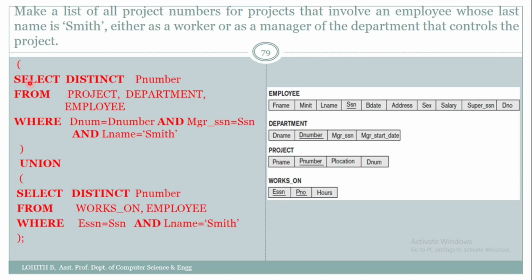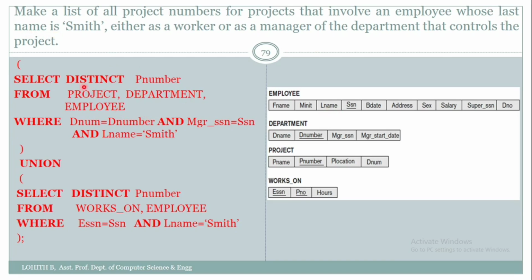As you can see, select project number from project, department and employee, and these are the join conditions where we join dnum is equal to d number. This is how we join project and department, and manager is equal to SSN is how we join employee and department, and the condition last name is equal to Smith. This last name is equal to Smith has been specified in the question itself.